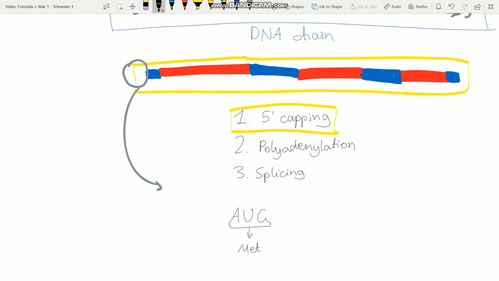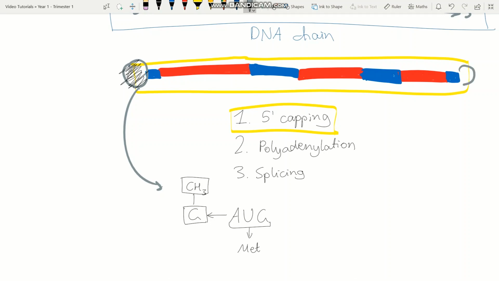However, having it open in this space doesn't make the RNA molecule that stable, so we need to add a methylated guanine group. And this is what 5' capping is. By adding another guanine group with a methyl group on it, we essentially allow for stability on the 5' end of the molecule.